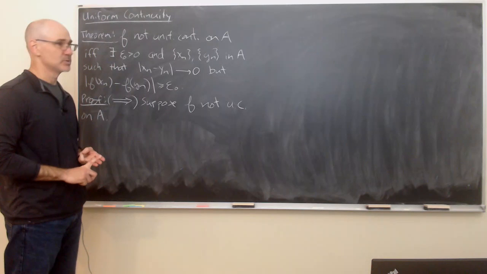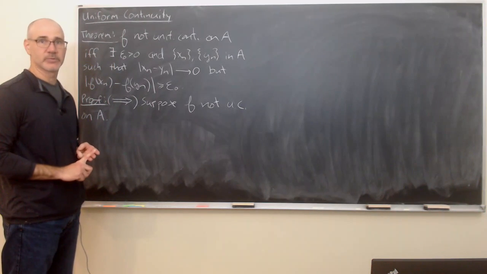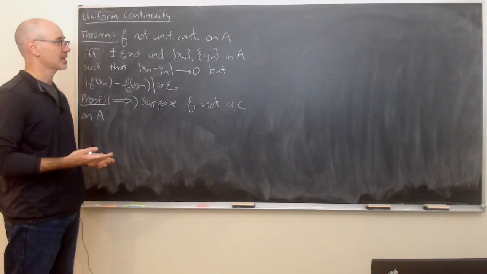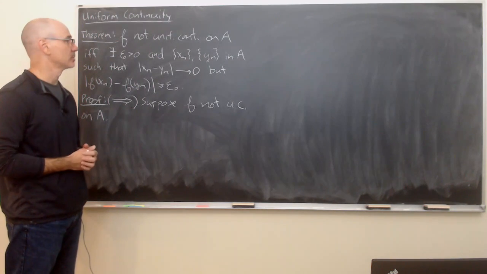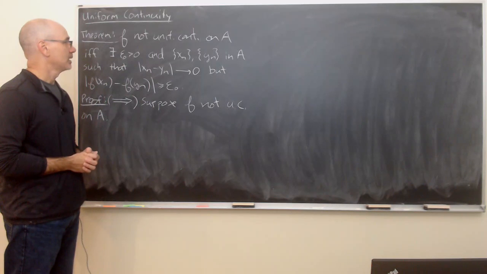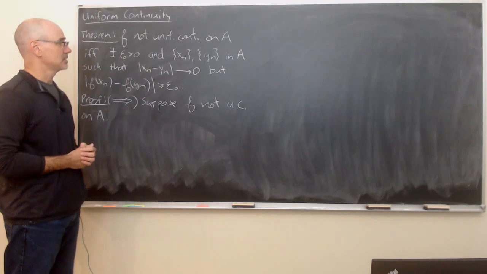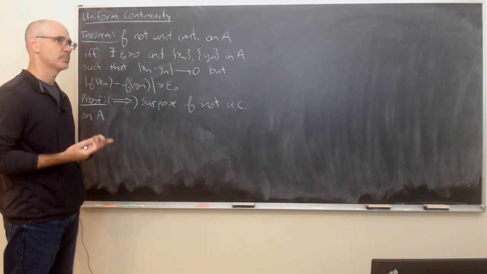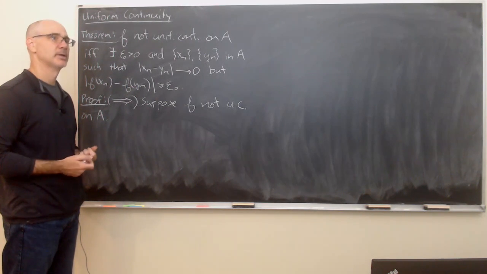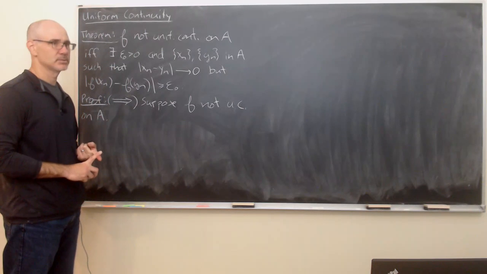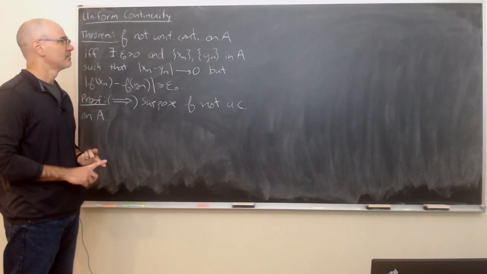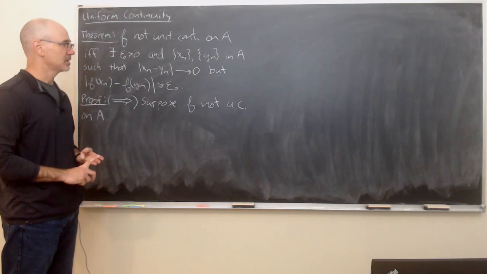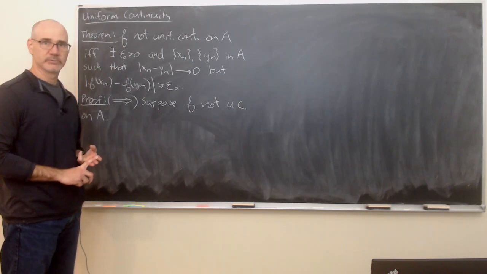If it was a continuous function on a compact set, you'd be done. It would have to be uniformly continuous. And if it's not continuous at some point, then it can't be uniformly continuous. So when you've got a continuous function, you're not sure if it's uniformly continuous, and you have a set that isn't compact, then this theorem can be used to demonstrate lack of uniform continuity.